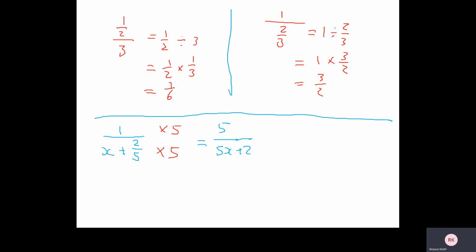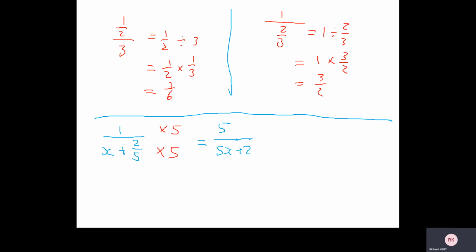Can you just put the 5x, so just times the x by 5, so it's a fraction, 1 divided by that? Say that again. So I've got 1 over x plus 2/5. You're saying I just make the whole thing one fraction, like that.